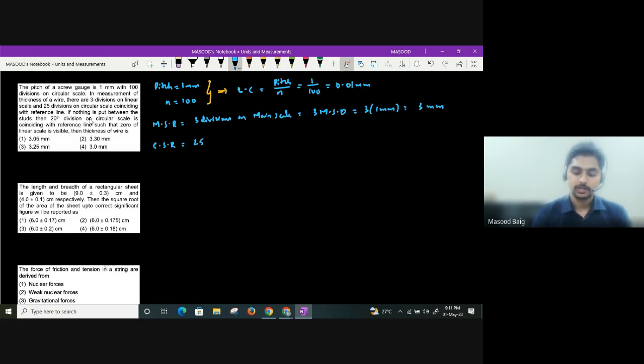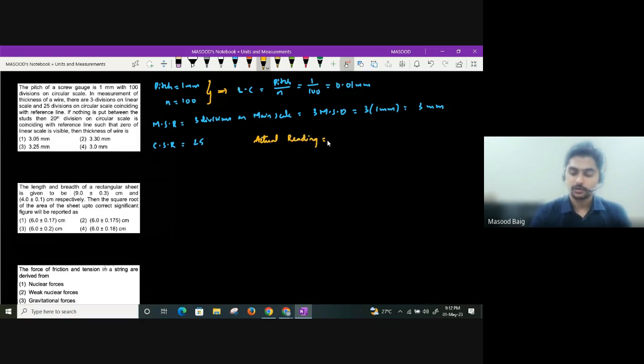Now, if nothing is put between the studs, the 20th division on circular scale is coinciding. So it means the 0 will be lying above here, guys. So always remember, we'll have something like this. If I just solve the question till here, without zero error, the actual reading, here zero error is given, guys.